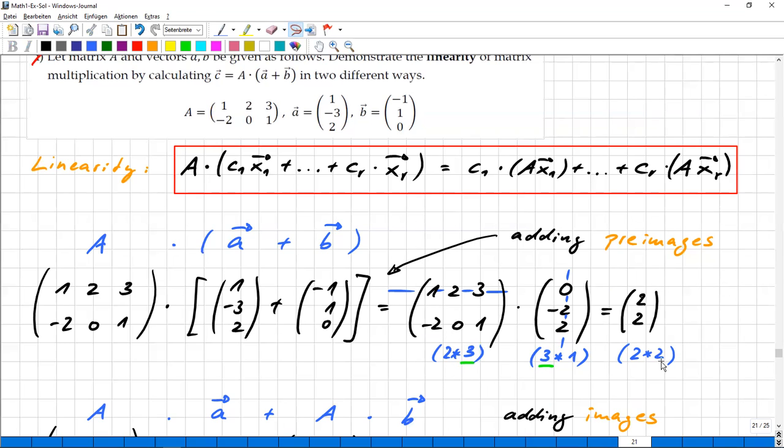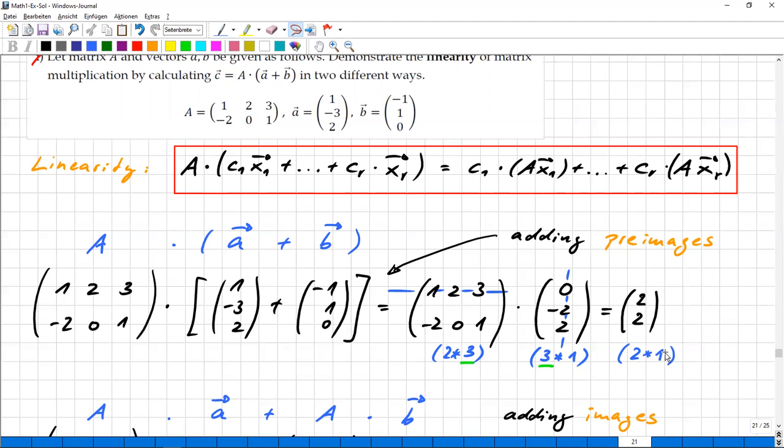Sorry, is that 2 here? That's a mistake. It should be 2 times 1. So the result is a 2 times 1 matrix, which is, exactly speaking, a column vector consisting of 2 rows, so a 2D vector. So that's fine, we made it.